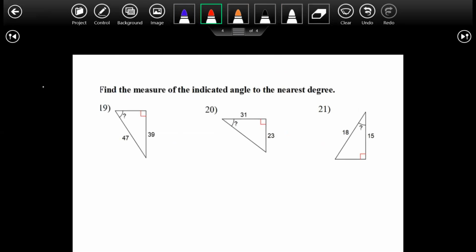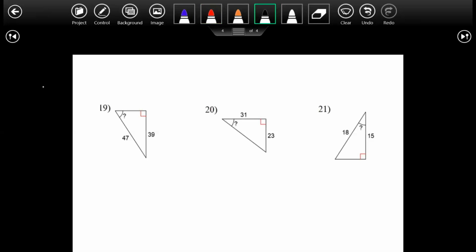Copy these ones down. Sine, cosine, tangent are the things that we need to solve for these.